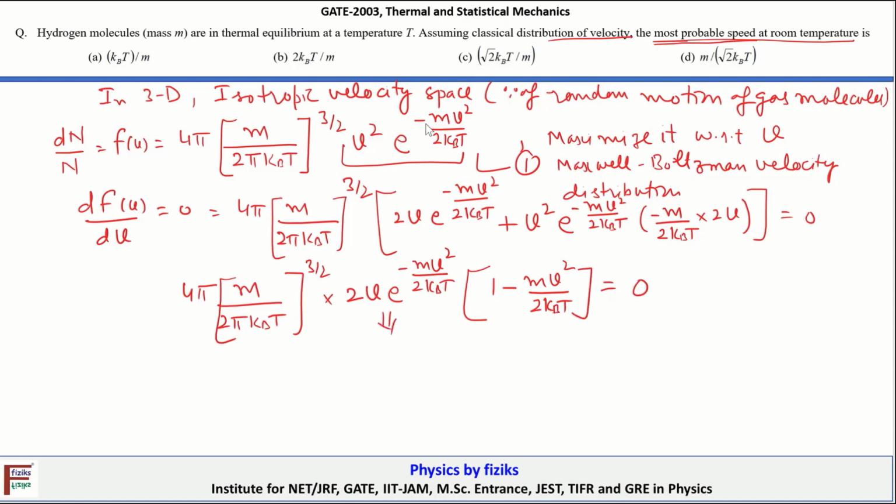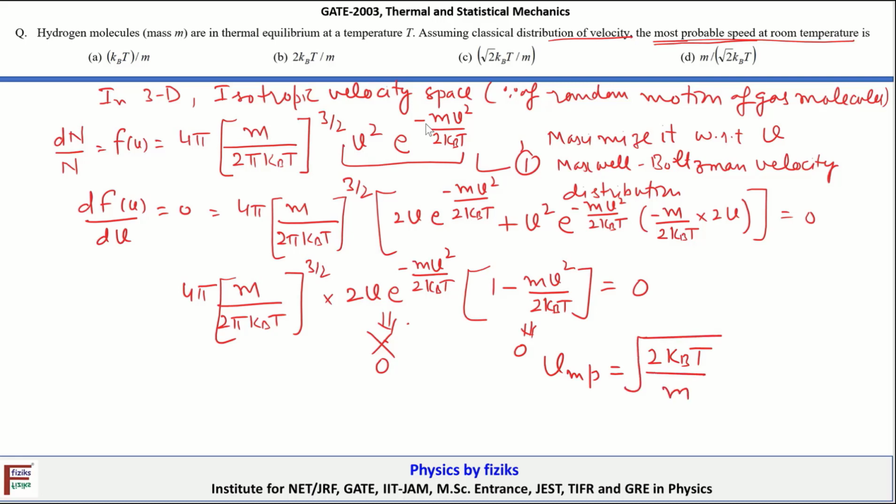Now the prefactor cannot be equal to 0, because v equal to 0 has no meaning. So only the bracket term could be equal to 0, and when we equate it to 0, we call this v the most probable speed or velocity. After equating the expression inside the bracket to 0, we obtain the expression for the most probable speed, which comes out to be the square root of 2kT upon m.